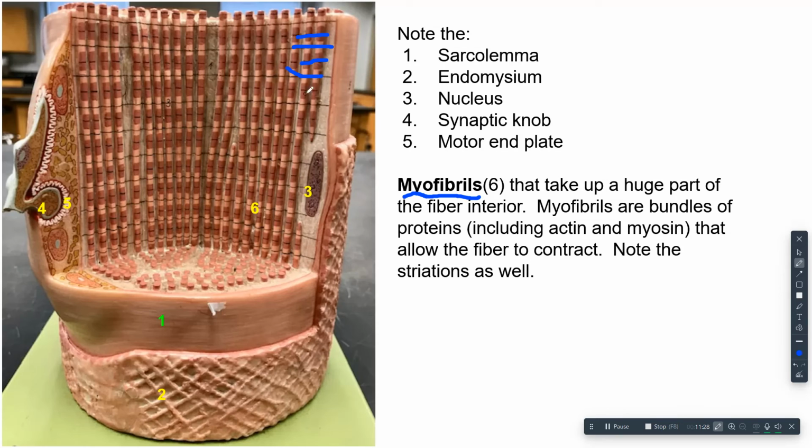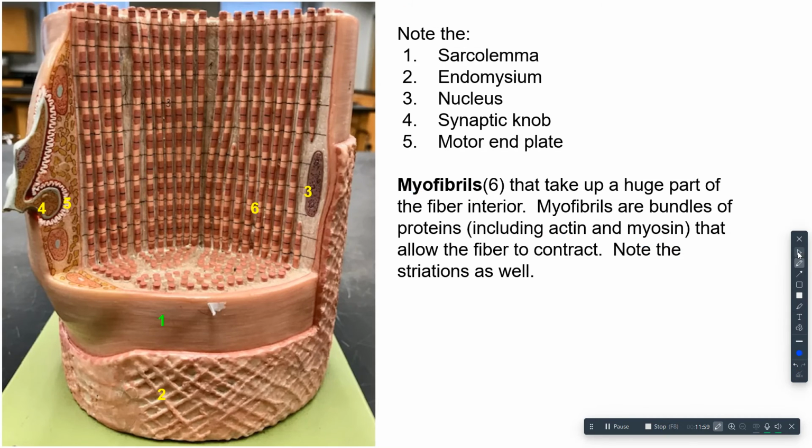Now, the myofibrils are primarily made of contractile proteins, including the two we mentioned earlier, actin and myosin. And so myofibrils are very much involved in the process of muscle contraction. All right. So myofibrils, endomysium, sarcolemma, motor synaptic knob or axon terminal, motor end plate. So lots of good stuff in this view.